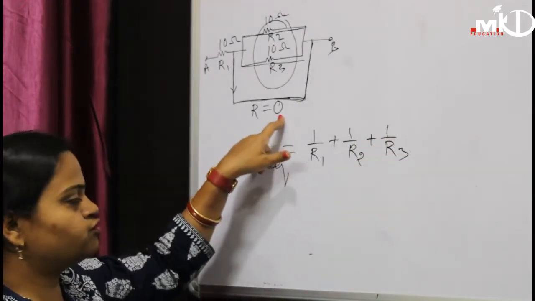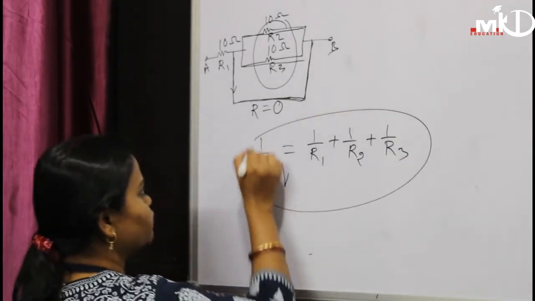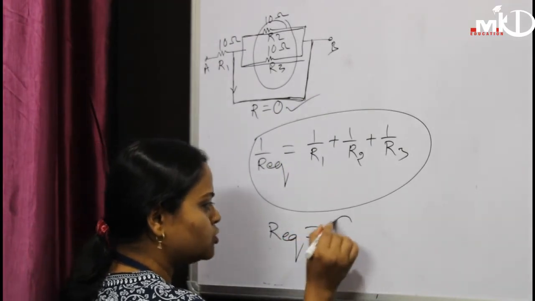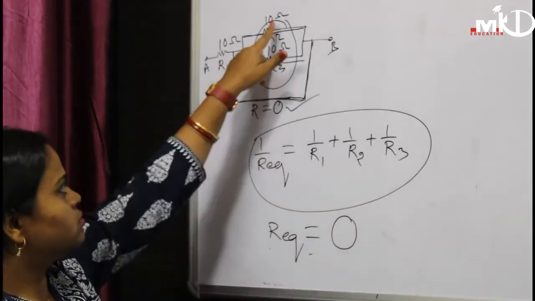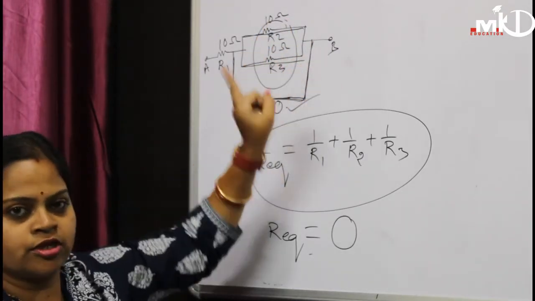But in this case, one value is 0. So in a parallel circuit, if one value is 0, R equivalent is equal to 0. Total circuit R equivalent resistance for this parallel circuit is 0.